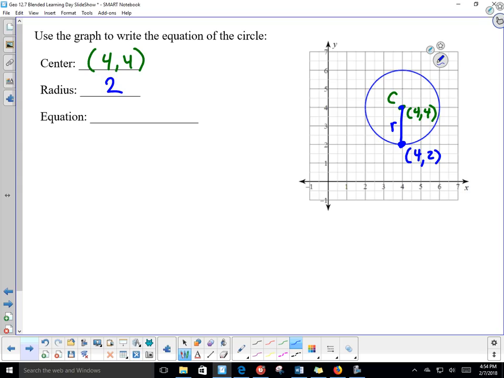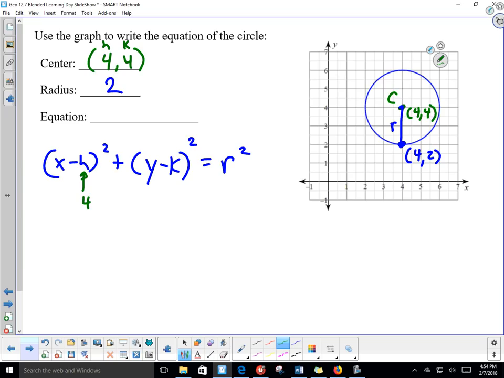So now that we know the radius is 2 and the center is (4, 4), we can write the equation. Remember, our general form is x minus h quantity squared plus y minus k quantity squared equals radius squared. We are plugging in 4 for the h and coincidentally 4 for k. So I'm going to plug in 4 here and 4 here, and I know that the radius is 2, so I'm going to plug in 2 for the r right here.